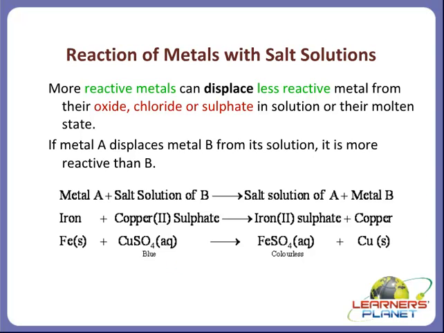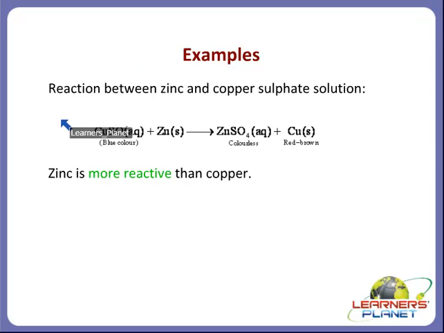Let's pick up a few more examples. Reaction between zinc and copper sulfate solution. Copper sulfate aqueous, it is blue color again. Zinc solid, it is forming what? Zinc sulfate. What is zinc doing, children? Zinc is displacing copper from its solution. So which will be more reactive, zinc or copper?